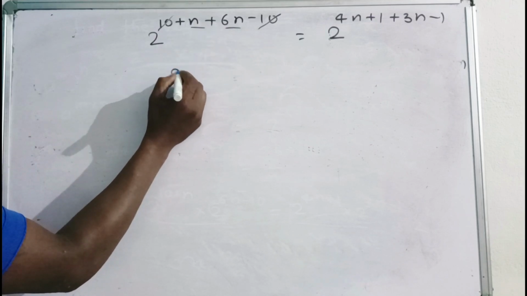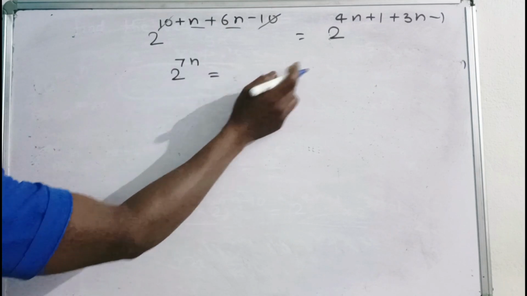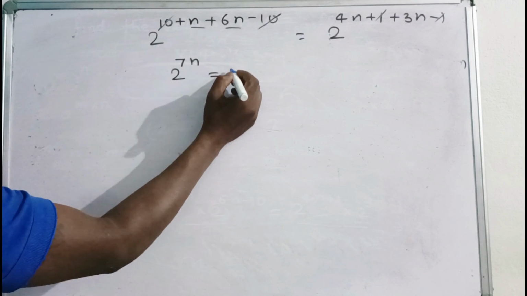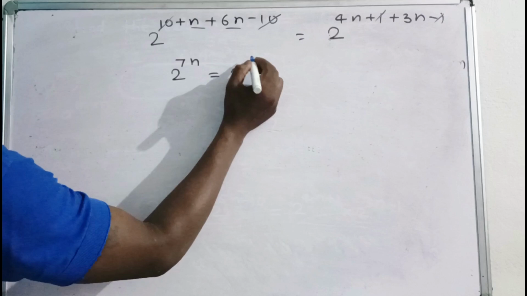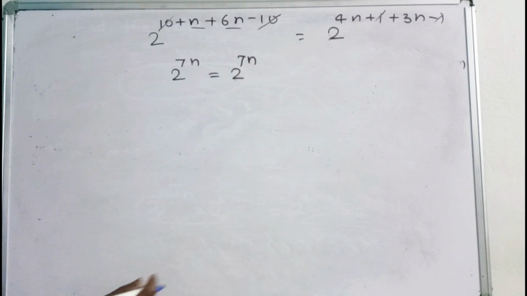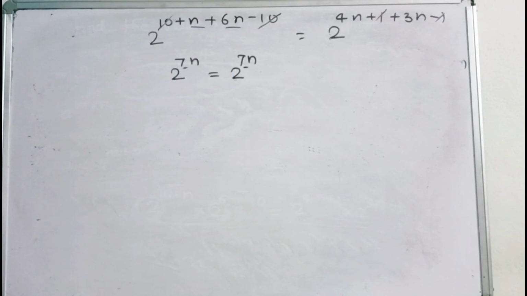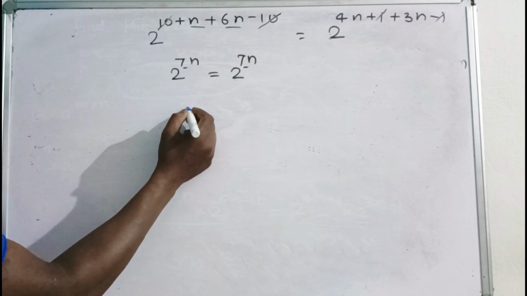That is 2 raised to the power 7n, and 6 plus 1 is equal to plus 1 minus 1 get cancelled here. Again 2 raised to the power 7n, and now just equate. That is 2 raised to the power 7n is equal to 2 raised to the power 7n is equal to 1.